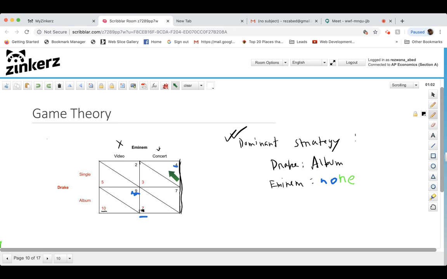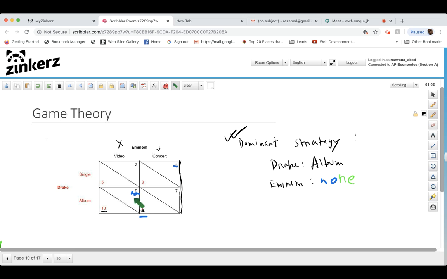But with Eminem, we just saw that the numbers we underlined are not in the same row. In one instance, when Drake produced a single, he was better off doing a concert. But when Drake produced an album, it was actually better for him to do a video.